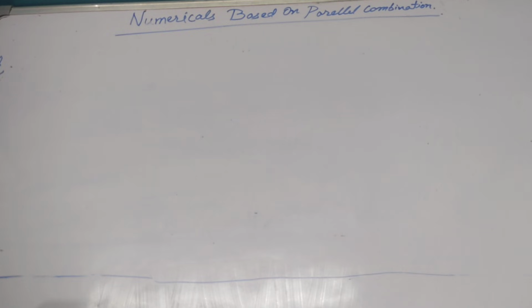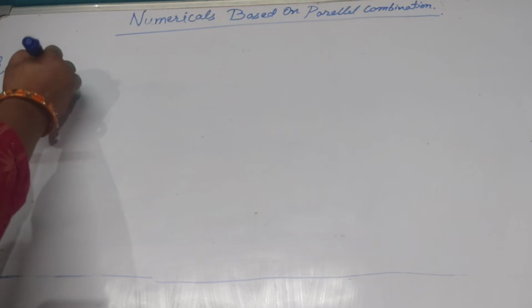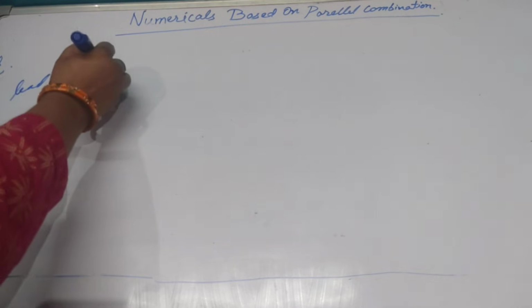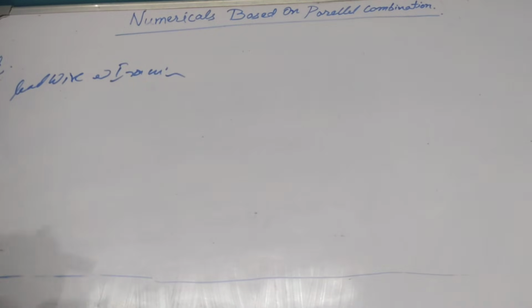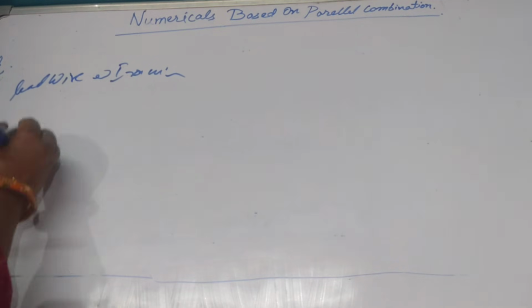A lead wire and an iron wire connected in parallel. Their specific resistances are in the ratio 49:24.